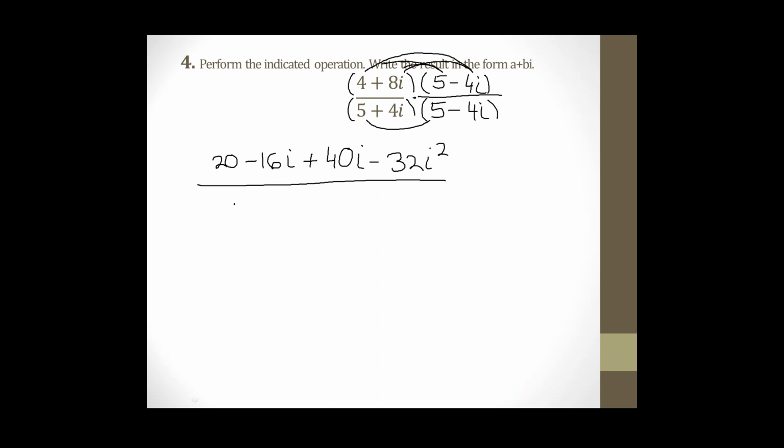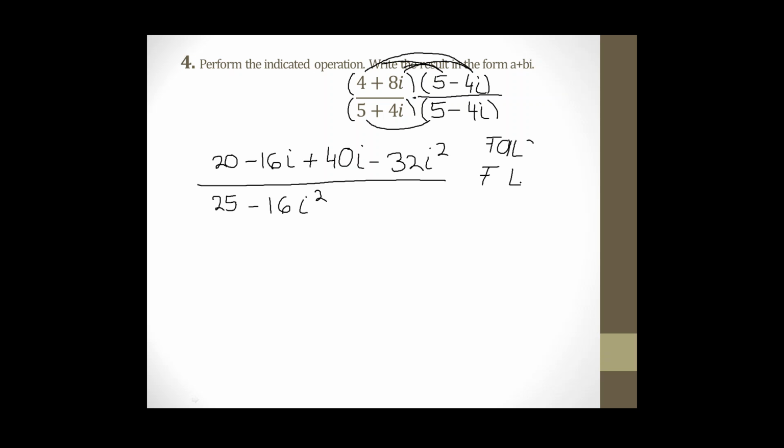So 5 times 5, another foiling problem, is 25. And if you've been doing these a lot, you actually notice that the middle term cancels out, and instead of using FOIL, you're only using the F and the L. So 5 times 5, the first times the first, is 25, and then the last times the last, which is negative 16i squared.